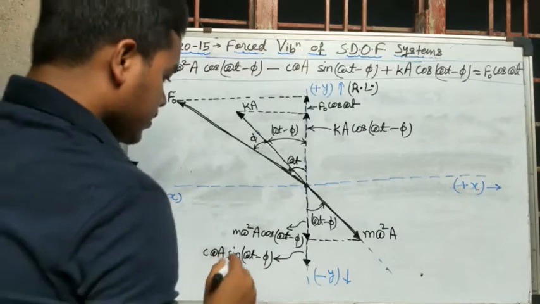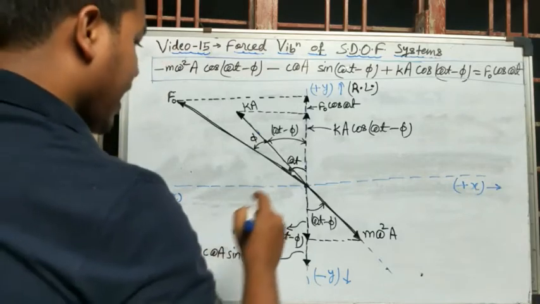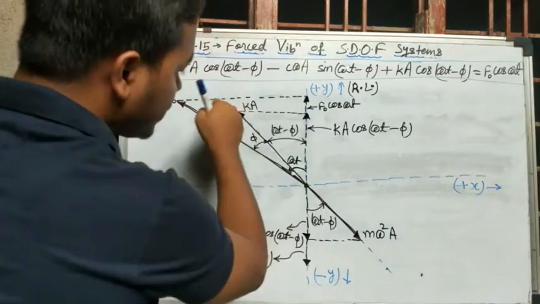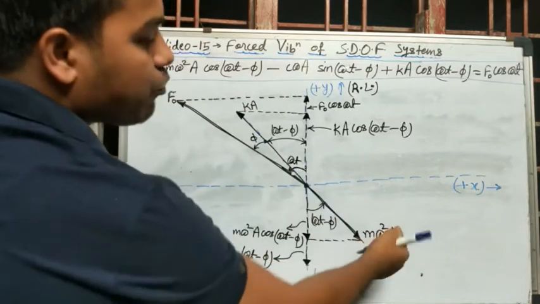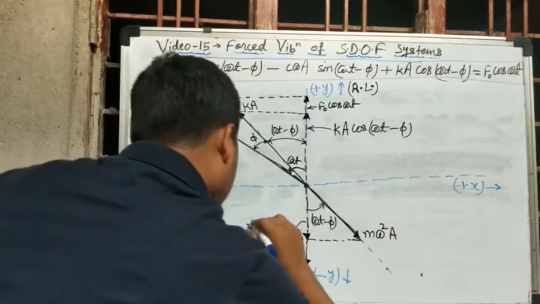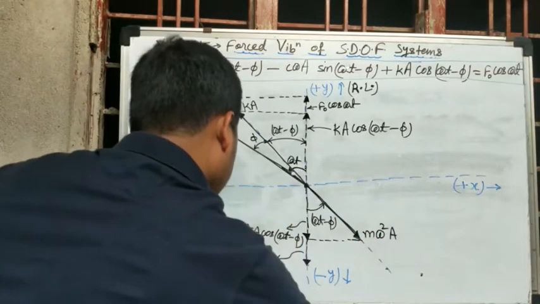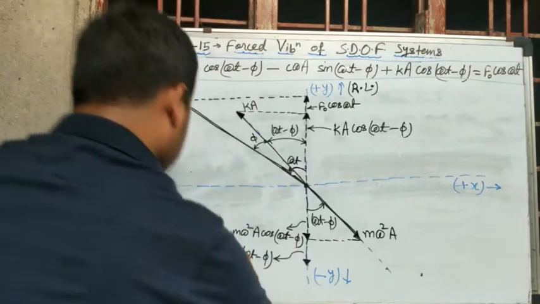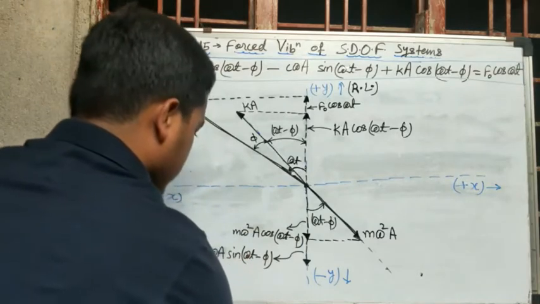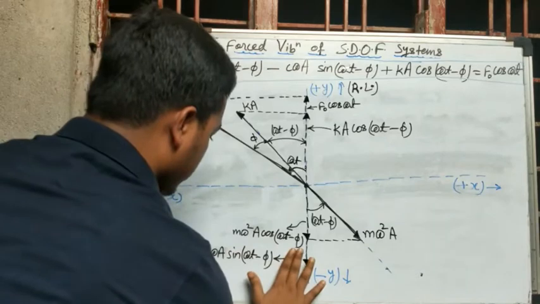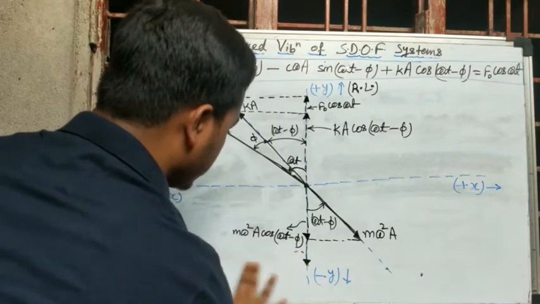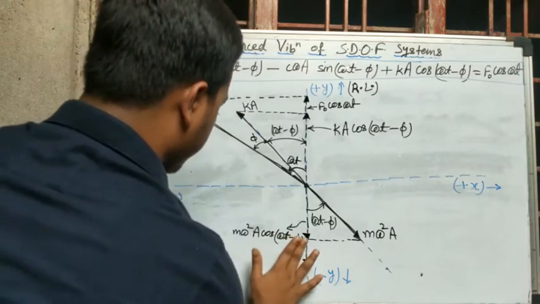Right. That means I should draw a line which is exactly perpendicular to this line of action of Ka and m omega square. So I'll draw a line like this. I have written the forces here. For time being, I'll erase the forces.